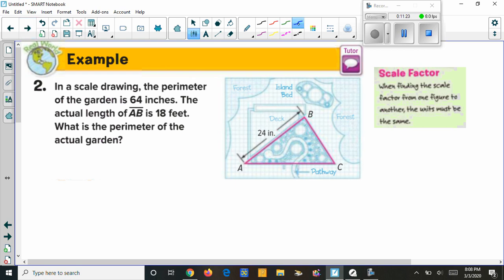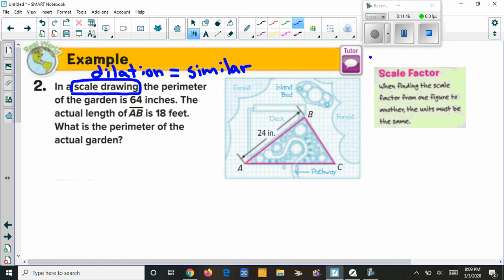Some pieces to remember. When I see something that says scale drawing, that means this is a dilation. Dilation means I'm dealing with similar shapes, which means I can use the rules from the top of the lesson.